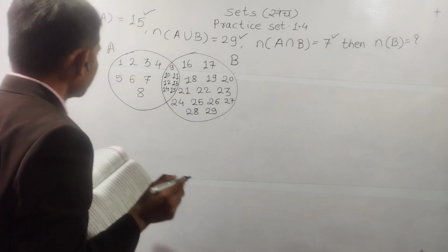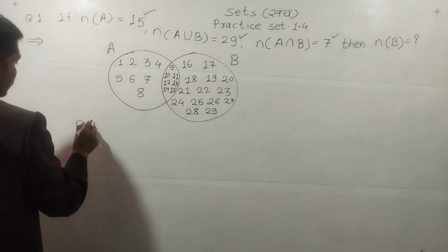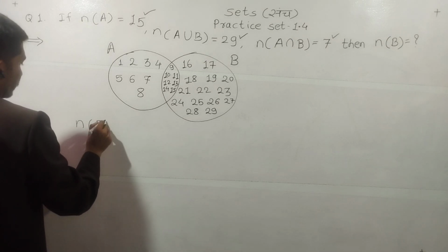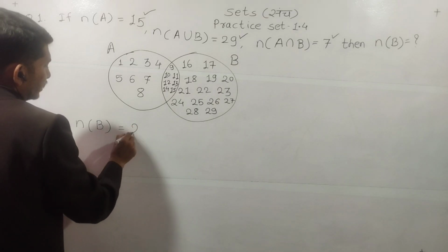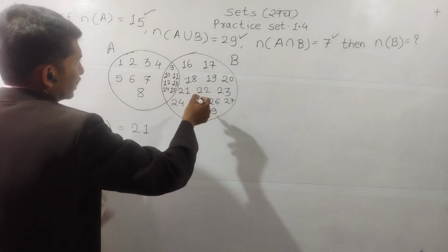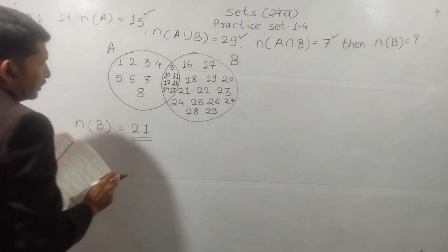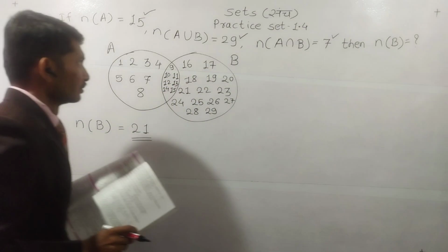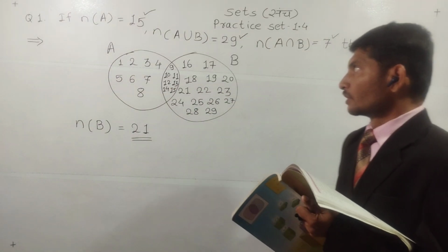So the answer is number of elements present in set B is equal to 21. We have counted the whole numbers which are present in set B. So we have found 21 elements in set B. So that is why the answer of this question is 21.